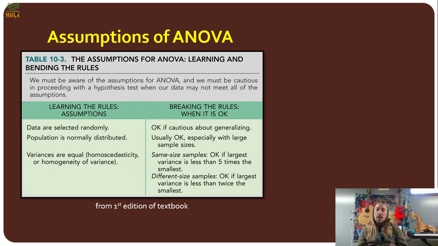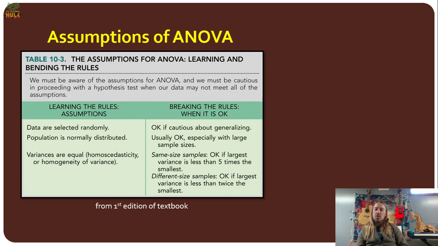What's the rule of thumb? How do you determine whether variances are equal? Because they're highly unlikely to be the exact numeric value. Well, when you have unequal sample sizes, so in a between groups design, it's possible that you'd have 7 people in the group of males and 5 people in the group of females, then what you have to do is compare the largest variance you calculate to the smallest variance you calculate.